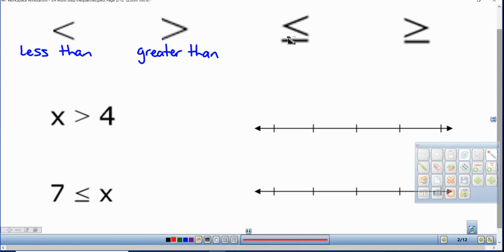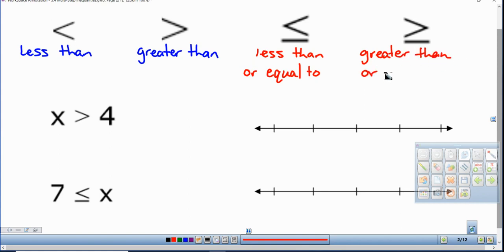Then we have the less than with the bar underneath it, and that bar means or equal to. And then also the greater than symbol with the bar underneath it. That also means greater than or equal to.